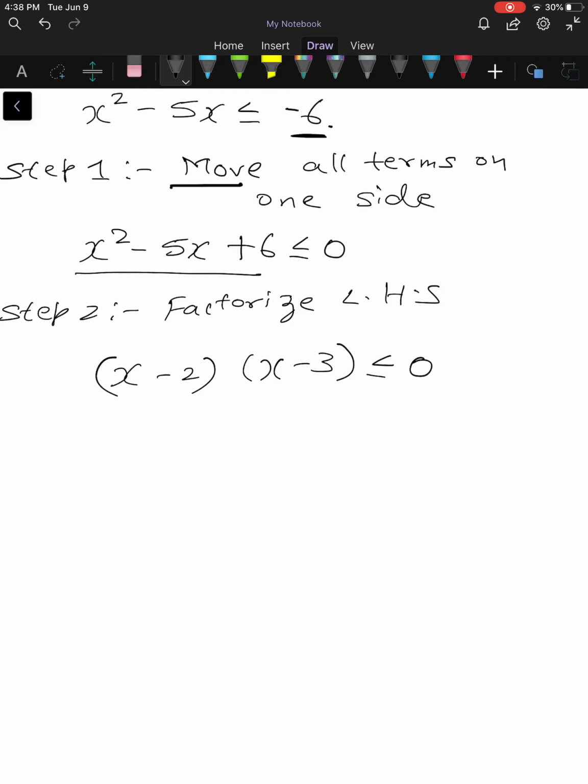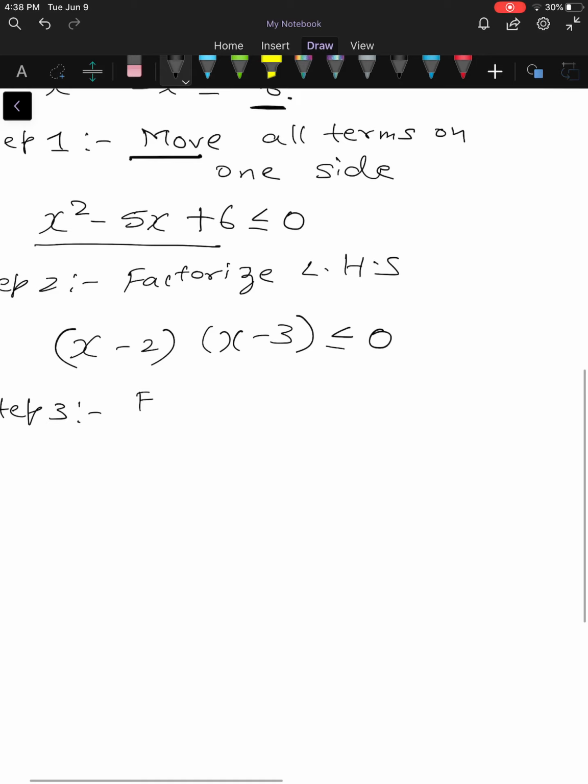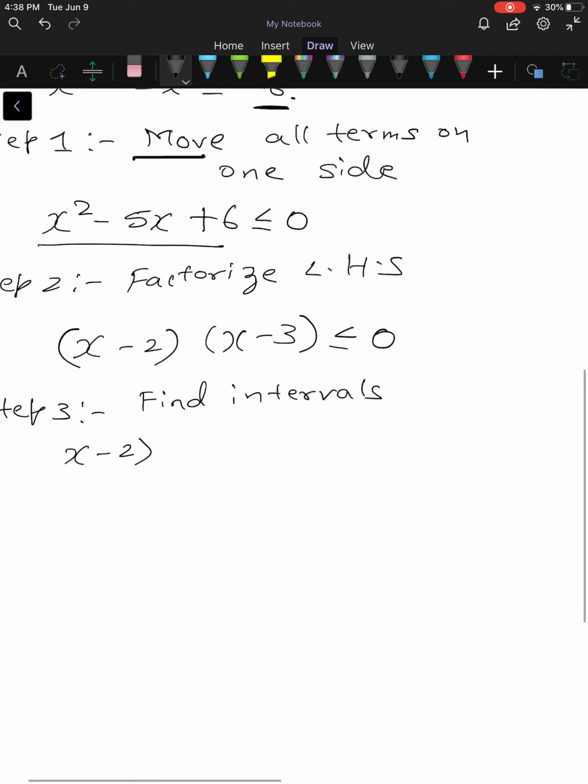Okay, next step 3, find intervals. So you have the factors, solve all the factors and find for 0, like equate the factors to 0 and find the values that x can take.